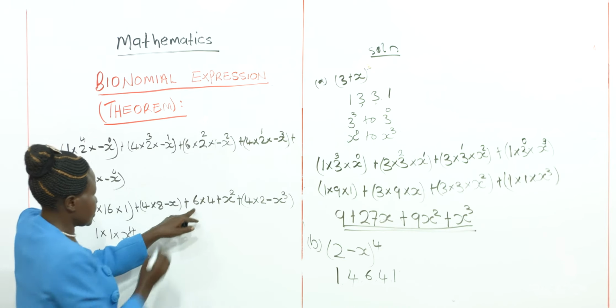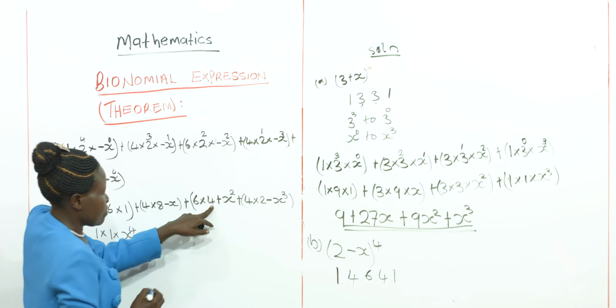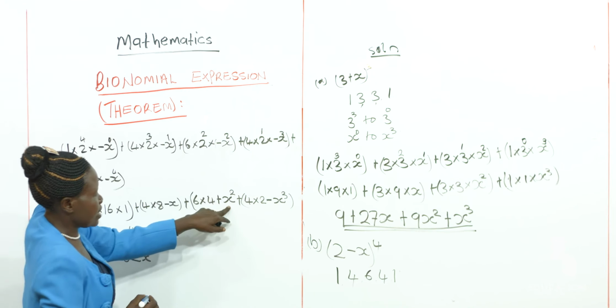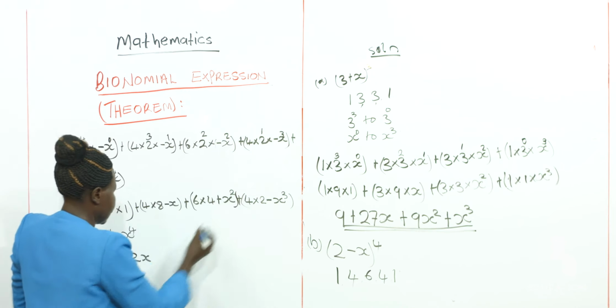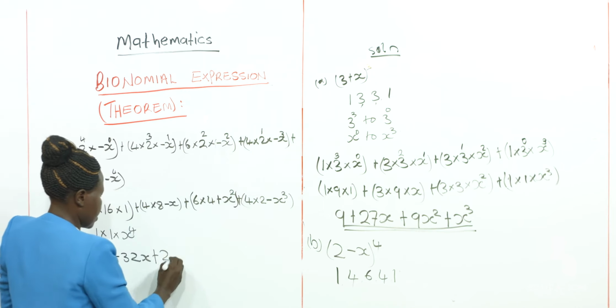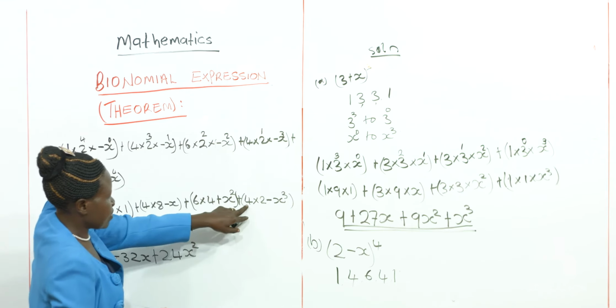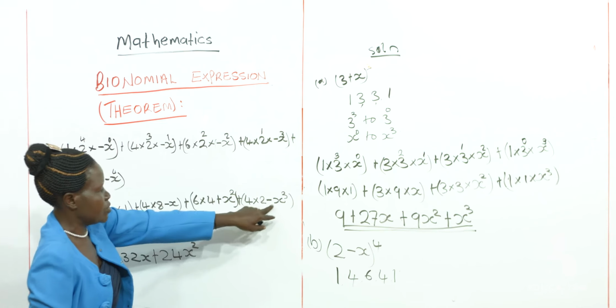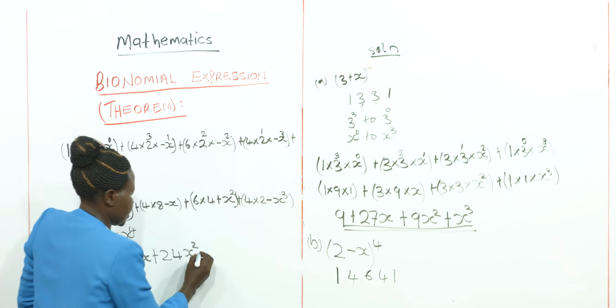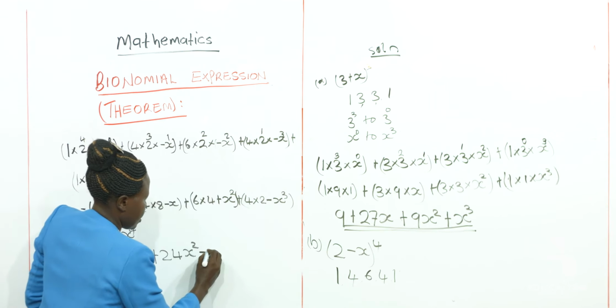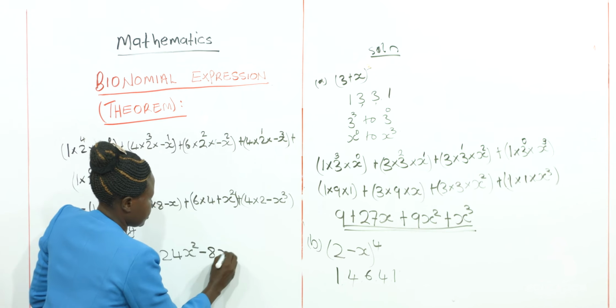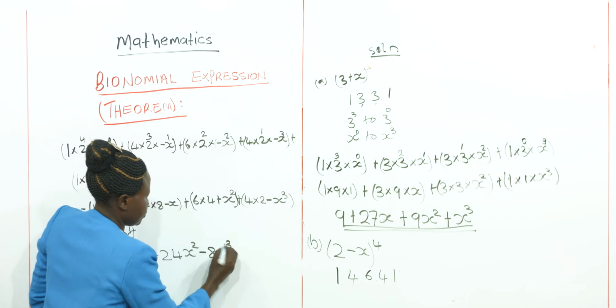And then here we say 6 times 4 we get 24, times x squared we get 24x squared. And then 4 times 2 we get 8, times negative x cubed we get negative 8x raised to 3.